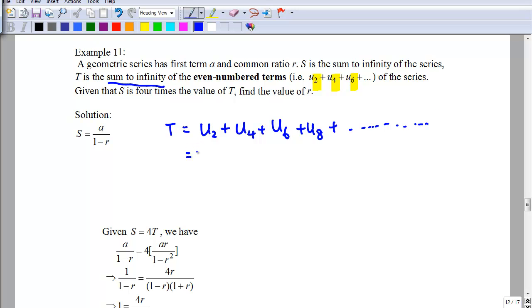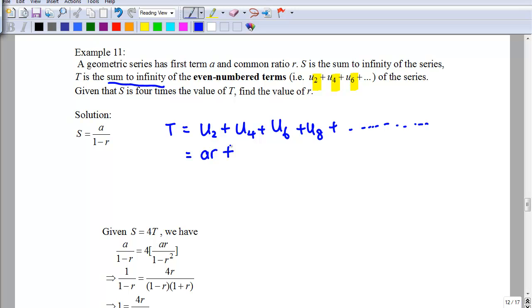The u2 being the second term of the original geometric series with first term a and common ratio r, u2 should have the representation of a times r, since it's the second term of the original series.